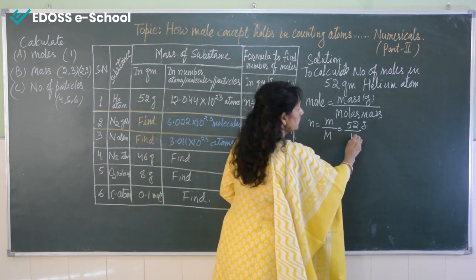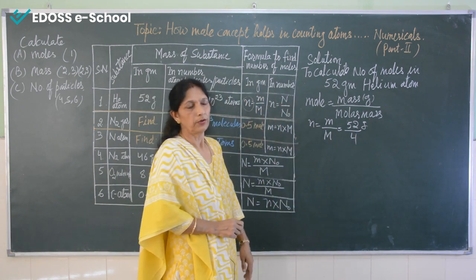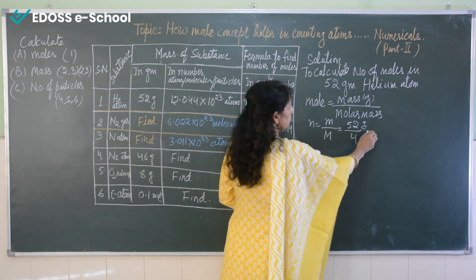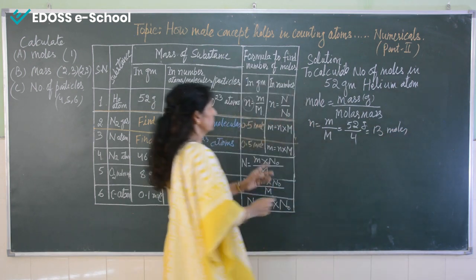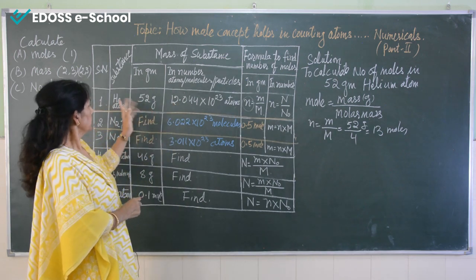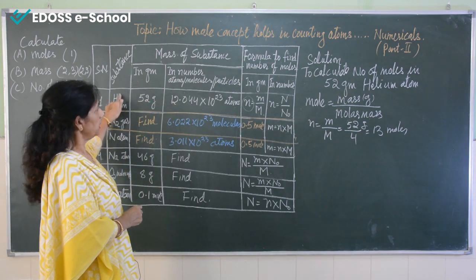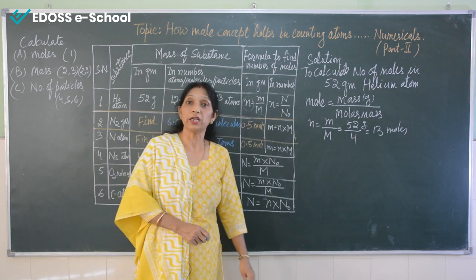So we divide 52 by 4, and the answer will be 13 moles. That means 52 gram of helium atom contains 13 moles.